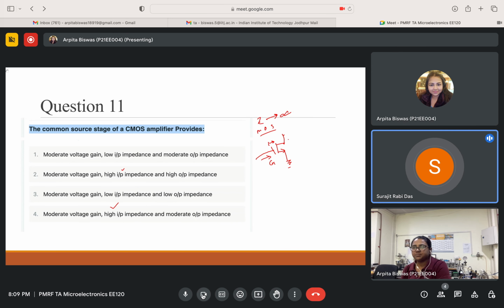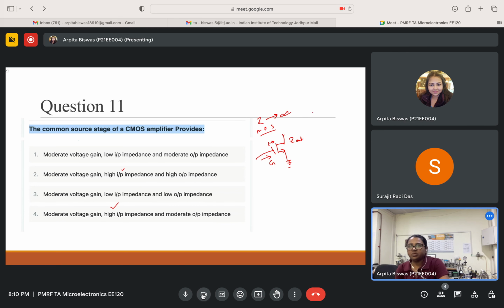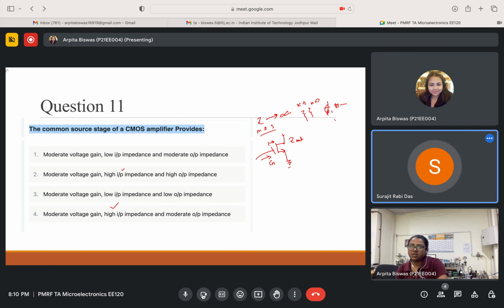Output we are taking from the drain side, so it will be high, quite high. But what happens in that case is the resistance present is in parallel with the load. It is also in the kilo ohm range, but you are taking the parallel condition, like RL and RD, so it will be less than that value.